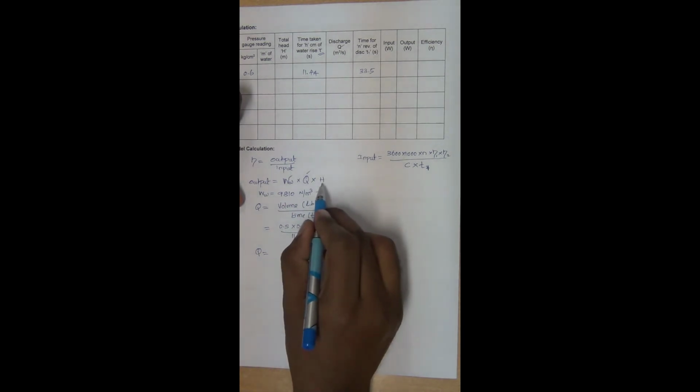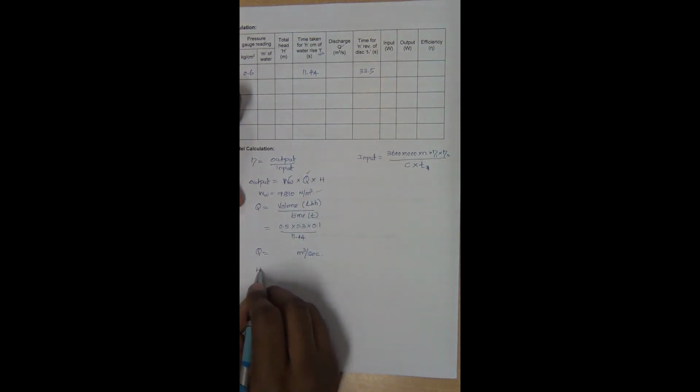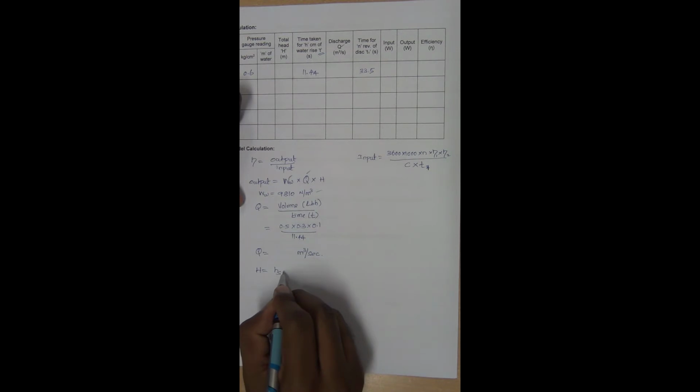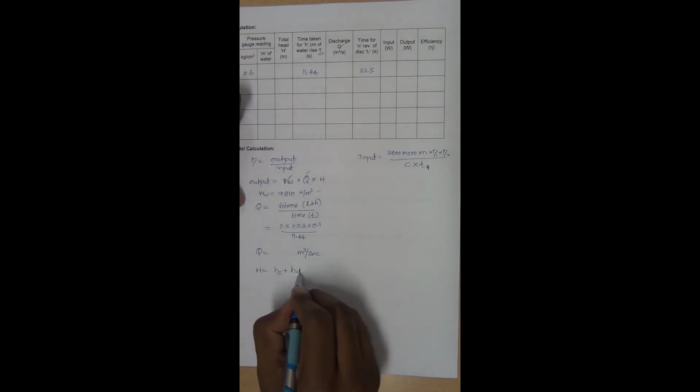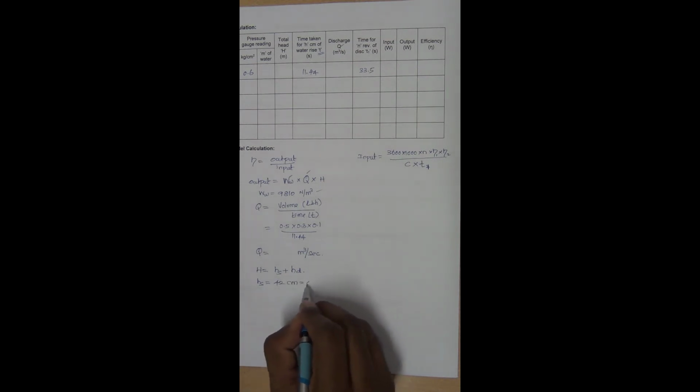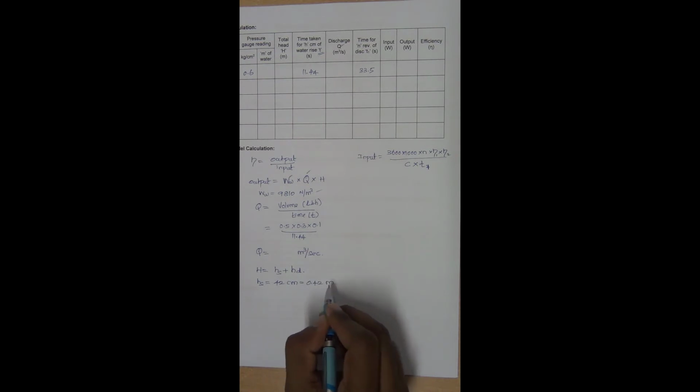Now we are going to calculate H. H is equal to Hs, static, plus HD, delivery. Hs is given in the observation as 42 centimeter, so we can write this as 0.42 meter.